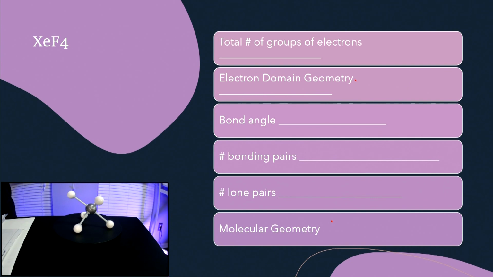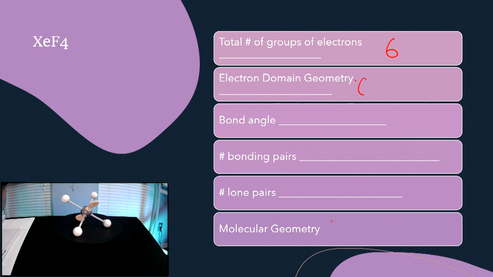And our last model is XeF4. So with XeF4, okay. So those bonded pairs of electrons are all in one plane, and that can help you remember. There's 4 of them. So the total number of groups around the central atom are 6.